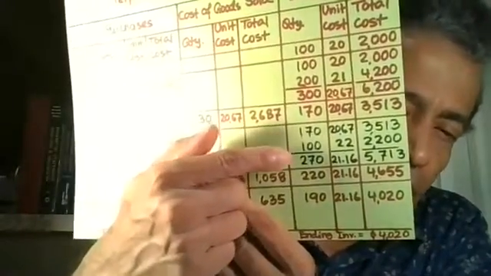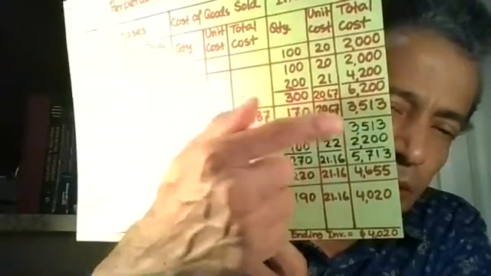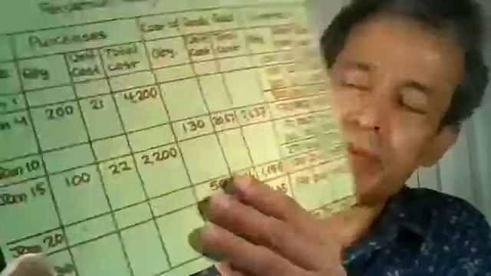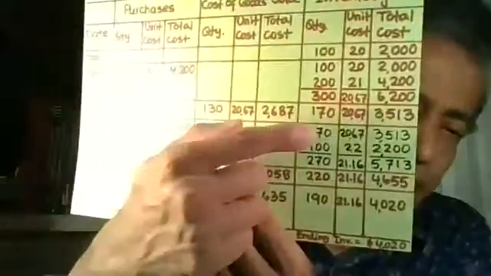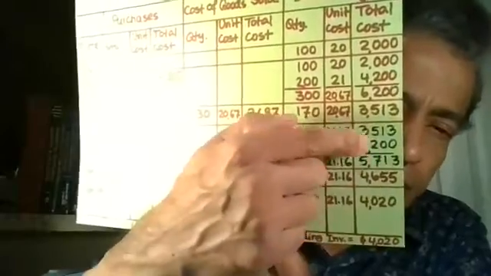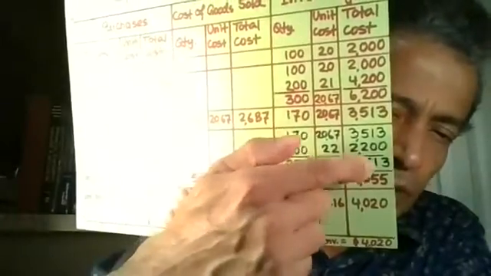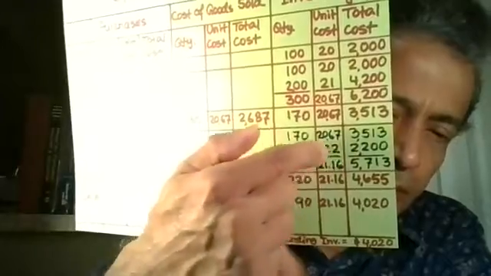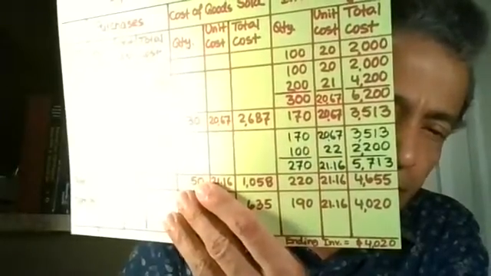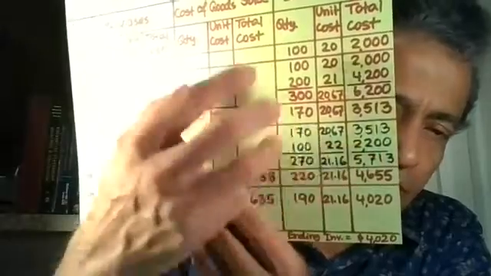So here we have 270 units. The total cost is the original ones, 3,513, plus 2,200 here. So add the two numbers, you get the total cost. Divide the total cost by total units to have the average price. Again, this is not an average of these two numbers. It's an average of all the units.